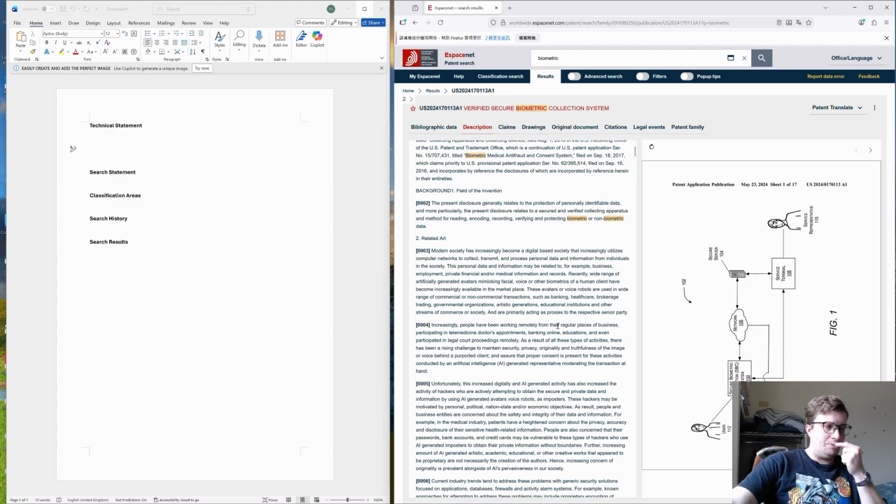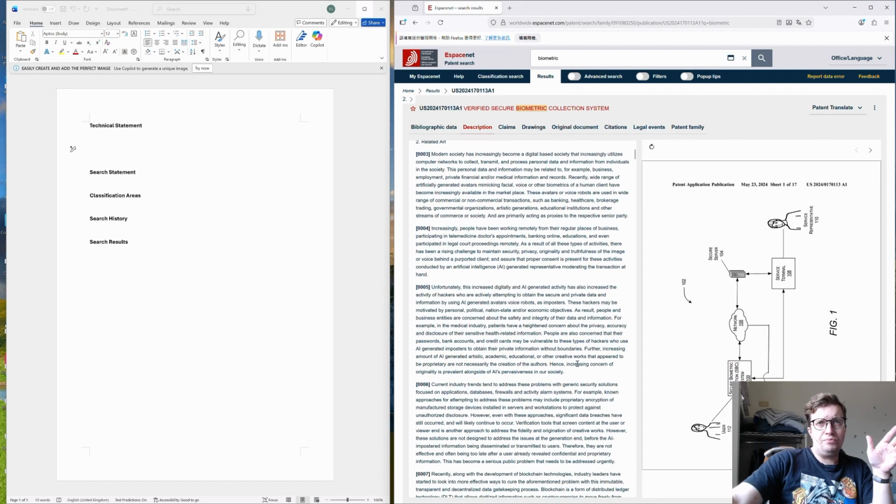So people can hack into your account using fake biometric data effectively is what that says. And then it talks about protecting transactions. Transactions are typically regarded as business methods, generally speaking, but this might escape the business method exclusion because it's talking about security. So again, we're just going to ignore that for now.